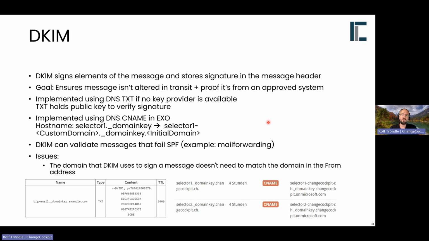Let's say you have an email forwarding in between, and this forwarding doesn't change anything in the message, then the signature would still be valid after forwarding the email, but the SPF would fail because the sending IP address is not in your SPF record, but DKIM sees, oh, this is still valid. It's trusted because it can be verified against the public key in DNS.